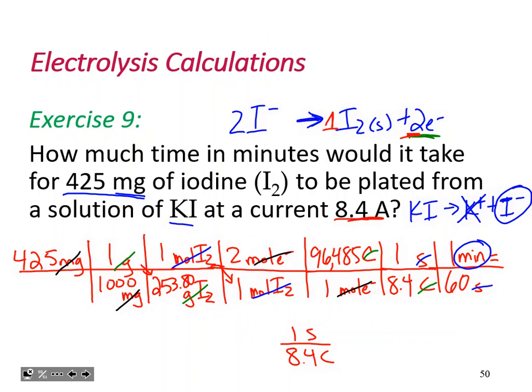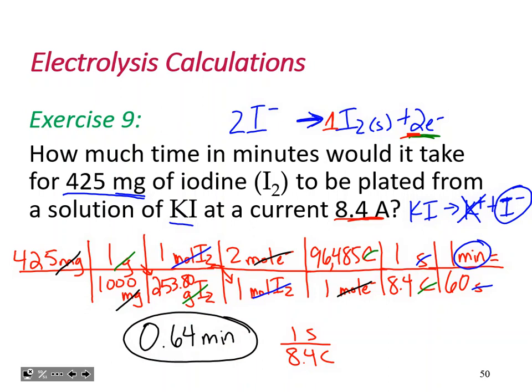So 425 times 2 times 96,485 divided by 1,000 divided by 253.8 and divided by 8.4 and divided by 60. And you should get for your minutes 0.64 minutes as your final answer.